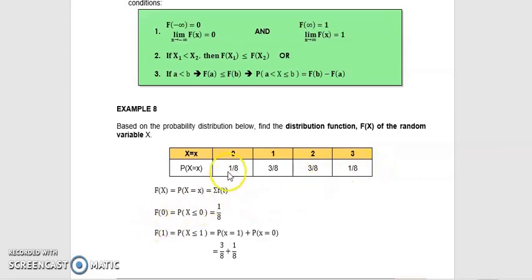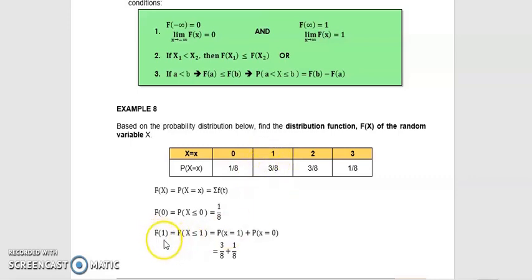Now we start with 0. So F(0), x less than or equal to 0, the probability is 1 over 8. Okay, up to x equal to 1, or at t equal to 1, F(1) cumulative. Cumulative means this probability at x equal to 0 plus the probability at x equal to 1.